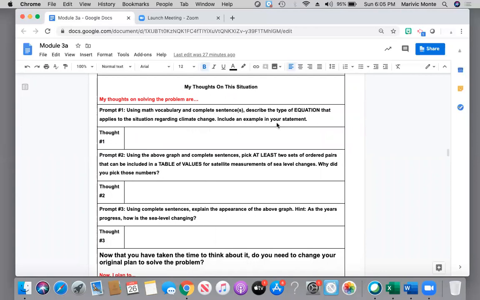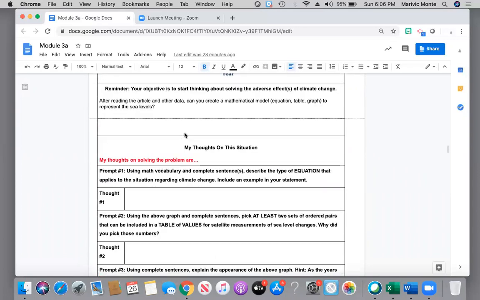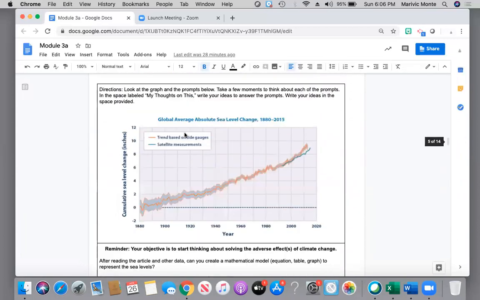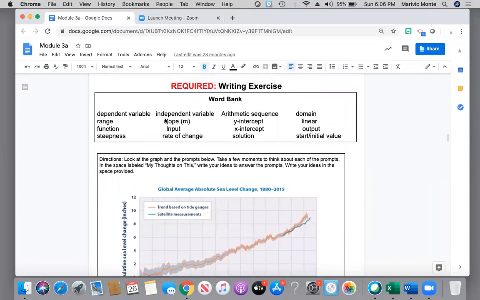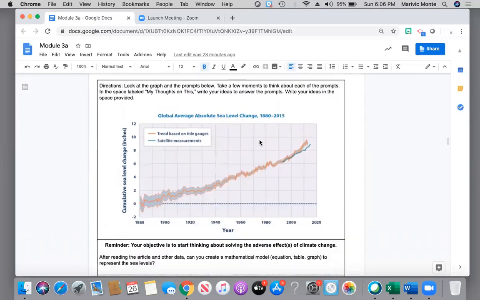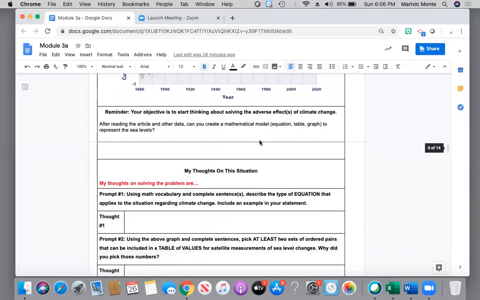Include an example in your statement. So you will write your answer in this box. Be sure that you are using the words in the word bank in this box. It will help you have a clearer presentation of your answers.